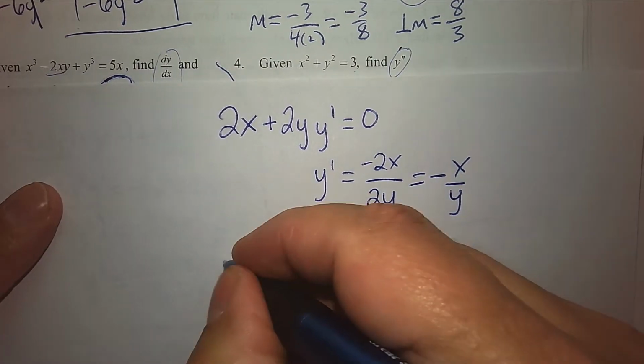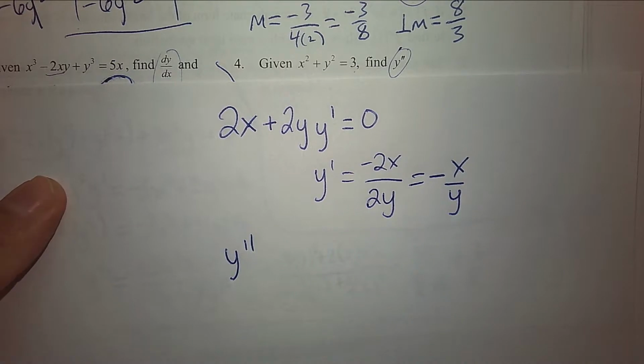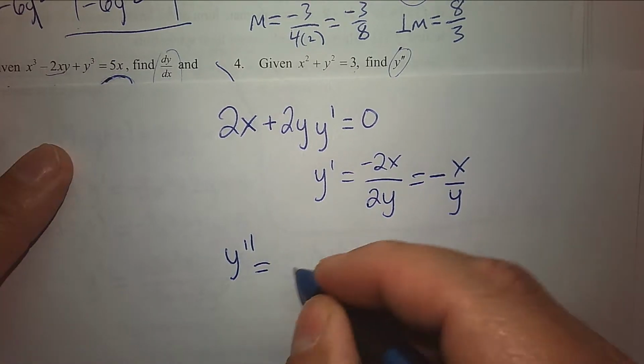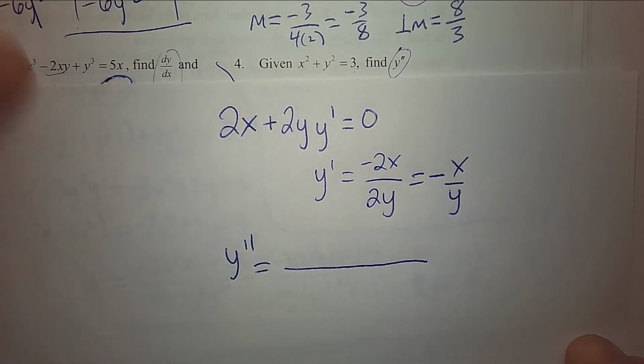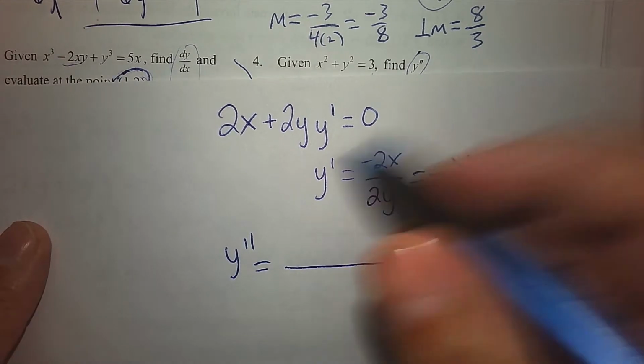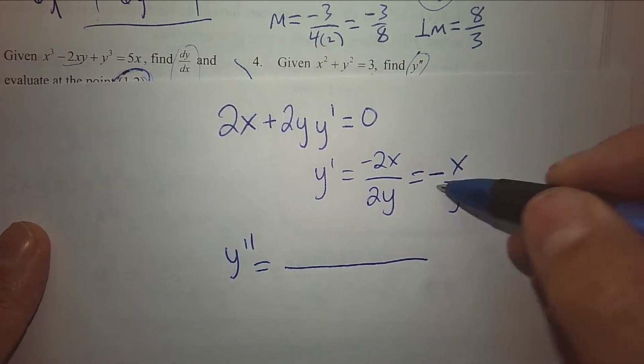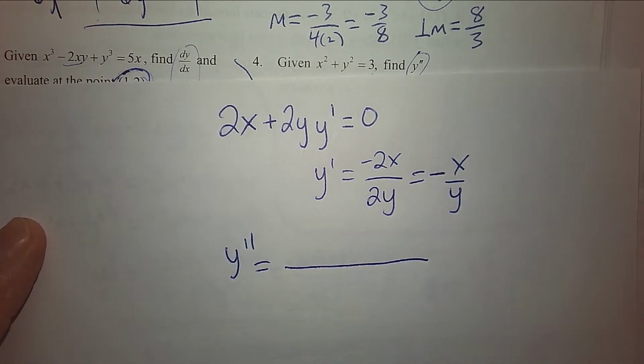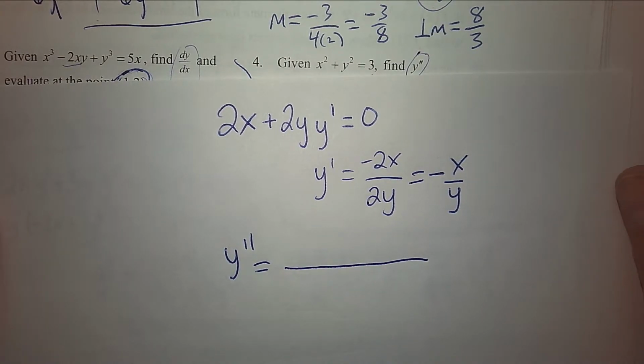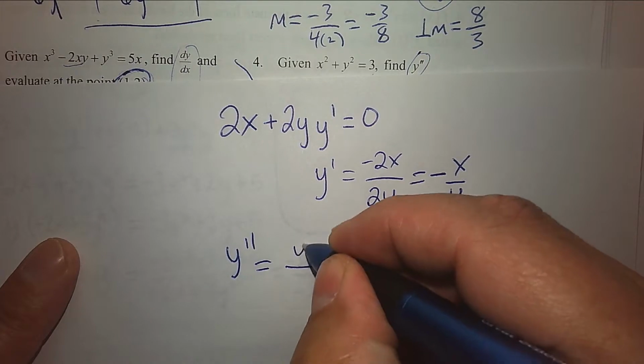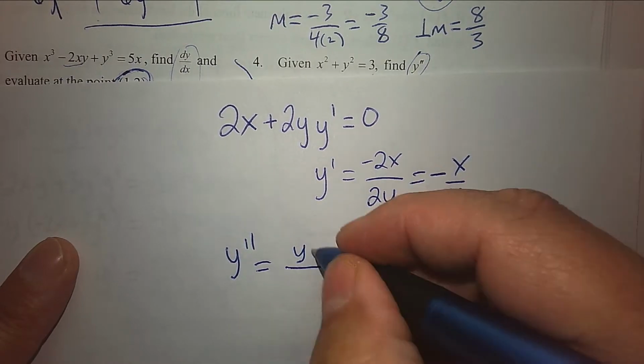How would I take the second derivative of that? What rule would I have to use? The first derivative is negative x divided by y. What rule do I use when I'm dividing? Quotient. What is the quotient rule? The bottom times the derivative of the top, which, be careful, is what?